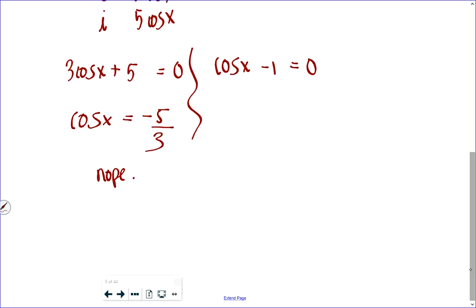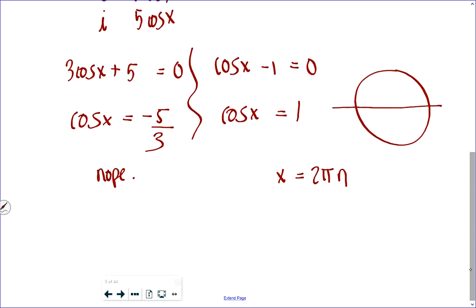The other linear equation, the other half of the quadratic, is cos x equals 1. That's the solution. Cosine of x is the x-coordinate, and the x-coordinate is 1 in one and only one location, and it's there. Just to polish this off, we were asked for a general solution, weren't we? Okay, so we could say 0, 2 pi, negative 2 pi, but the general solution will be multiples of 2 pi.